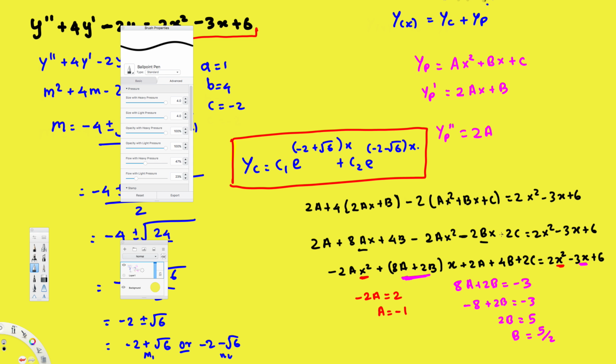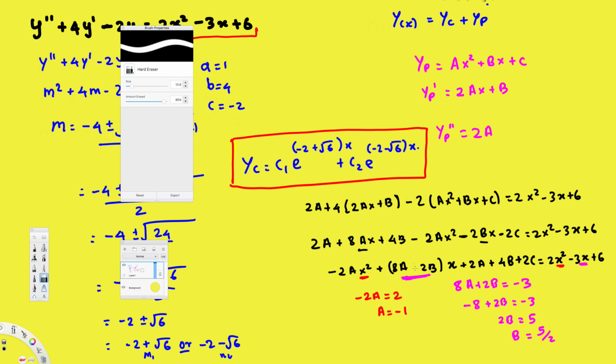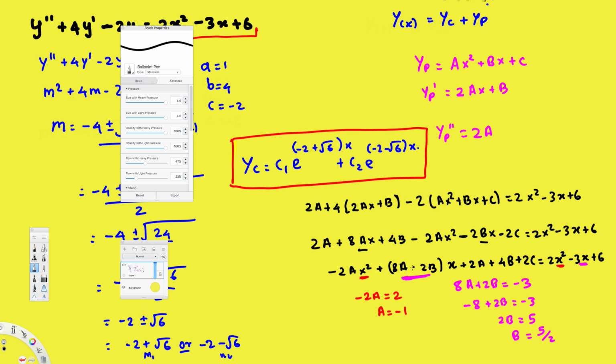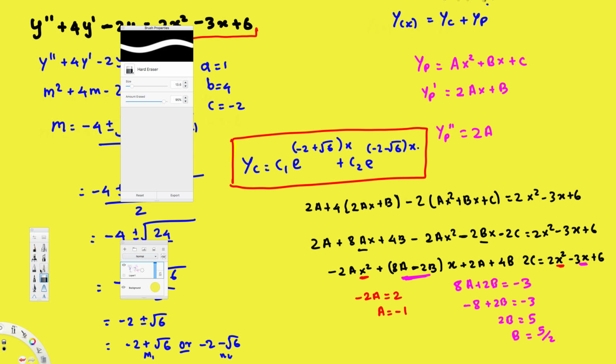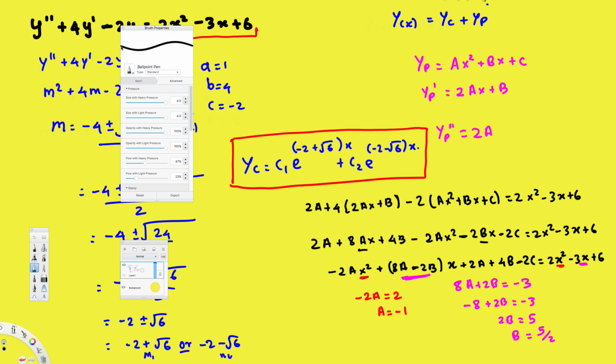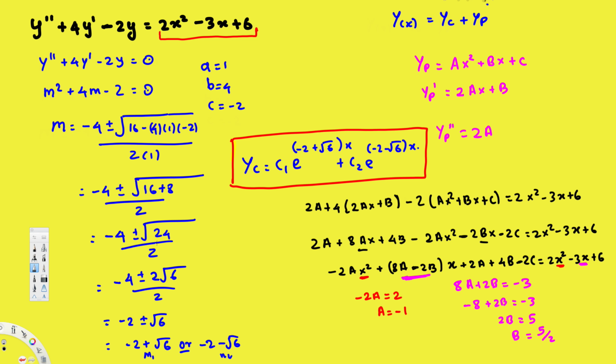So this one changes into negative 2b, because here we are going to have 8a minus 2b, and here we are going to have 2a plus 4b minus 2c, minus 2c is equal to this. Now everything is perfect.